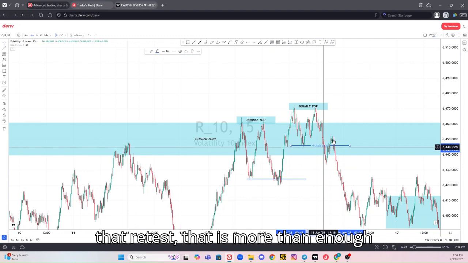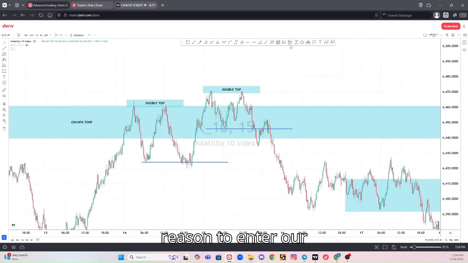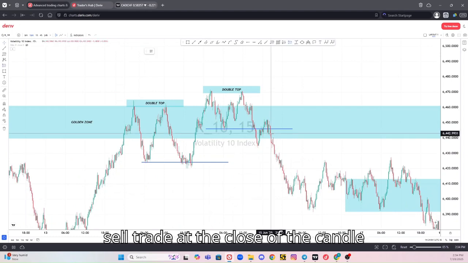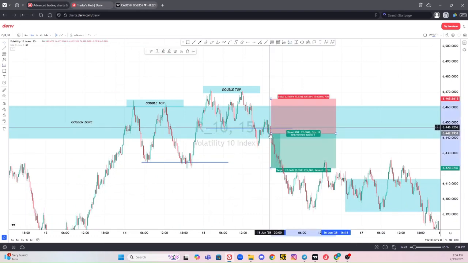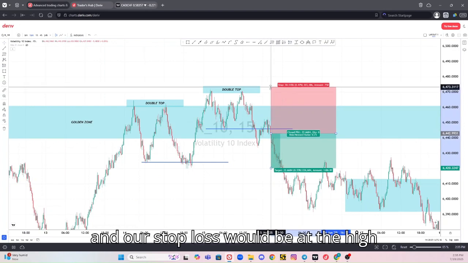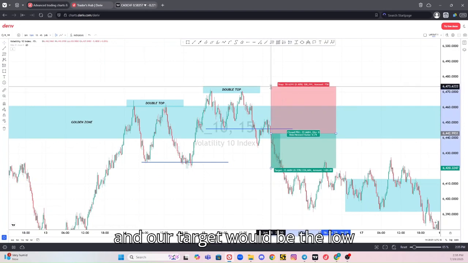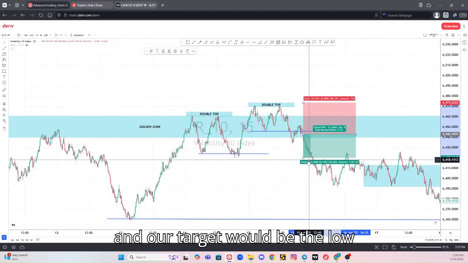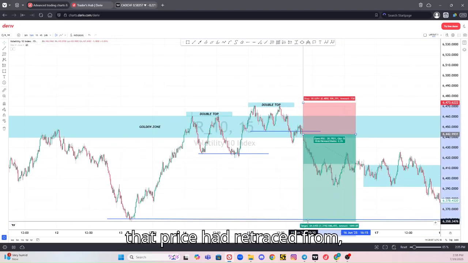Now that we have gotten that retest, that is more than enough reason to enter our sell trade at the close of the candle, at the retest mark, and our stop loss would be at the high, and our target would be the low that price had retraced from.